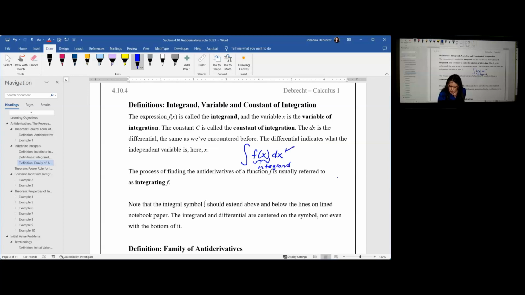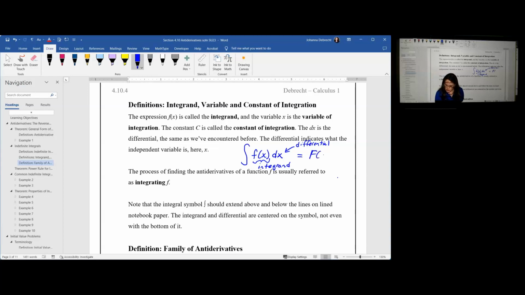The differential, of course, is the differential, as it has been since we learned about it at the beginning of chapter 4 in the linear approximation function. Now, this is equal to the antiderivative function up to a constant plus c.